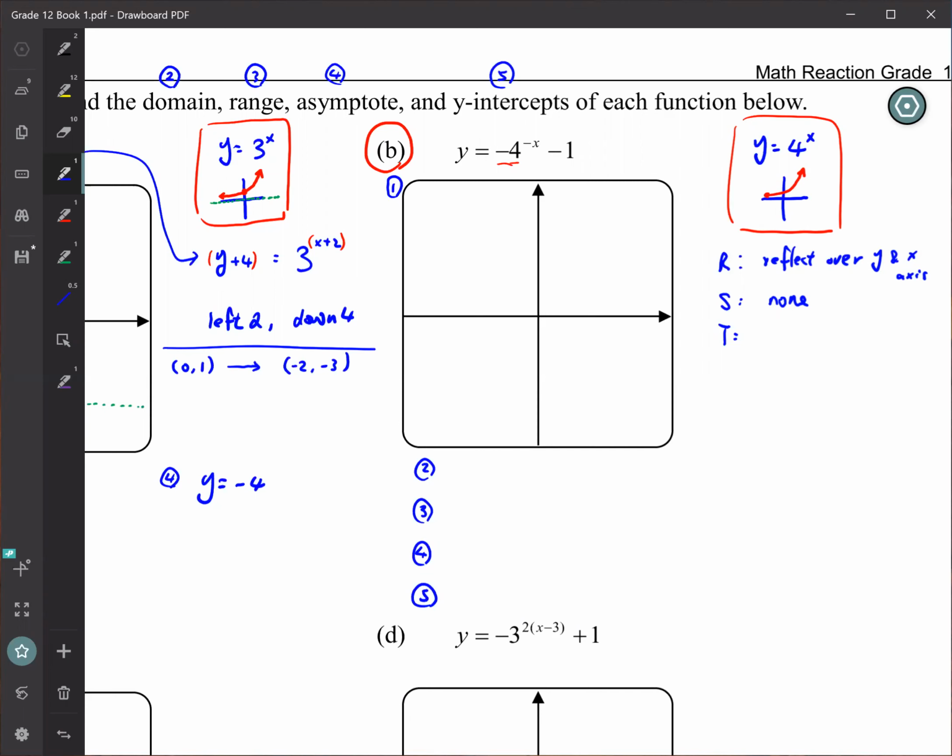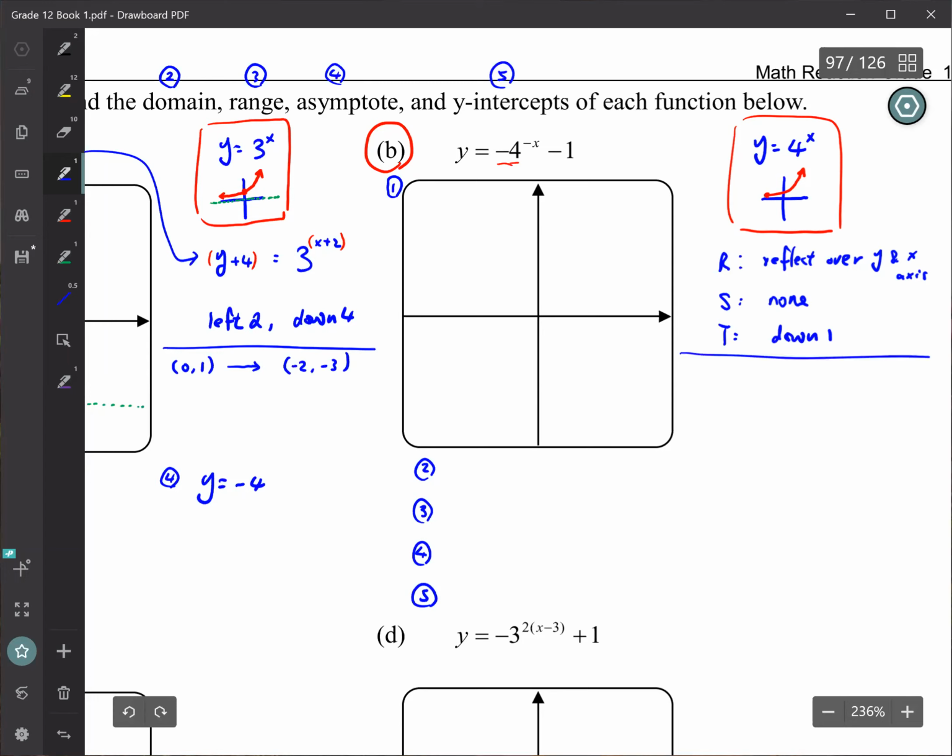Okay, translation. What kind of translation do we have? Left, right, up, down. Kelly, what do you think? What translation do we have? Down 1. Yep, down 1. Very good.